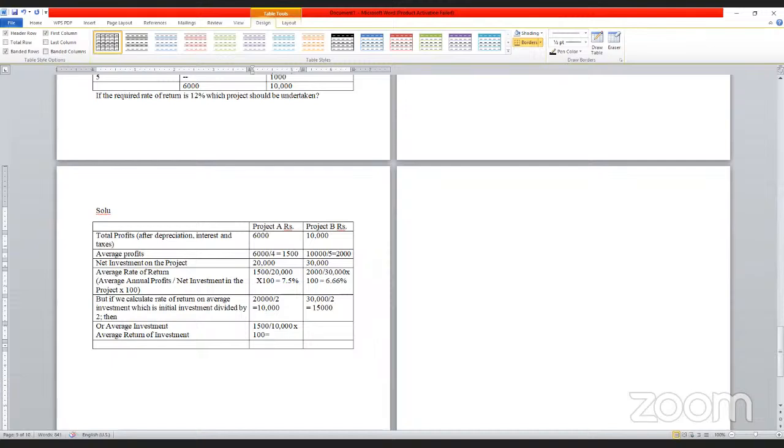That will be 15%. Here it is 2,000 divided by 15,000 into 100. That will be 13.33%.